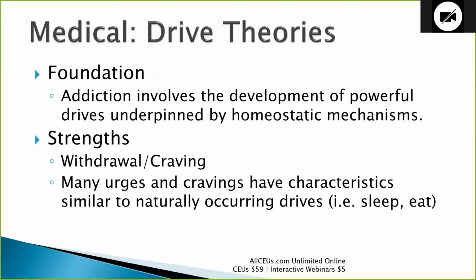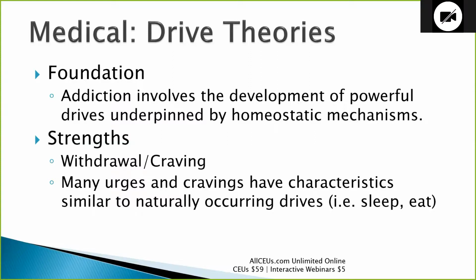Drive theories. Addiction involves the development of powerful drives underpinned by homeostatic mechanisms. This goes back to the broken brain. We know that the brain wants to maintain a certain level, or homeostasis, of our neurotransmitters. So if those are wonky, either from biology, organic causes, or from taking drugs, the brain is going to try to balance itself out.